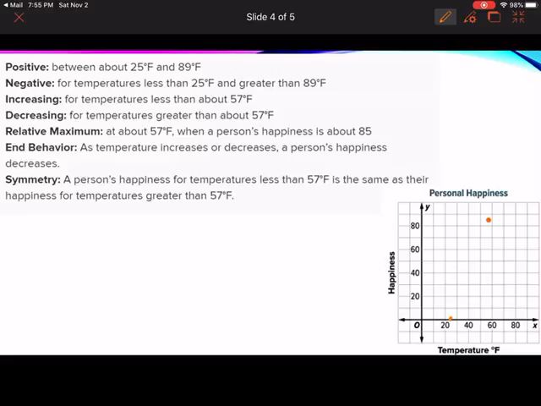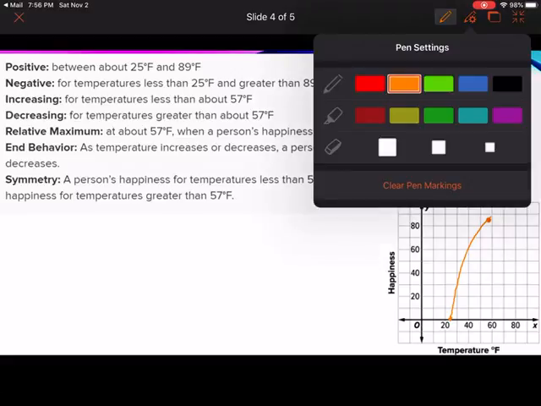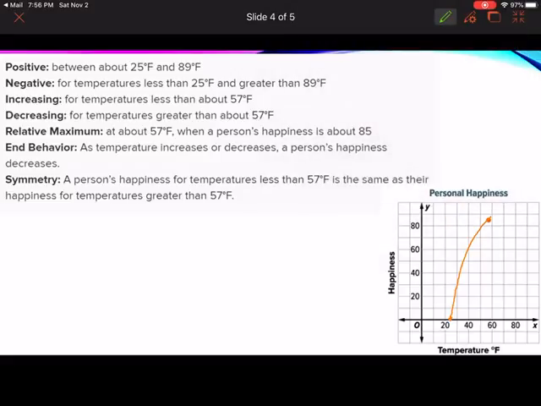So that looks like it's saying it's positive from here to there. It says I have a line of symmetry at 56 degrees. So that means my graph is going to look the same on the other side of this line of symmetry. It's supposed to be a dotted line.